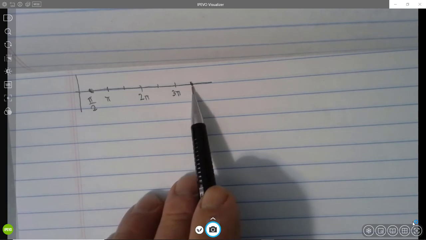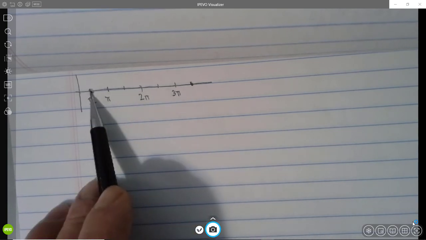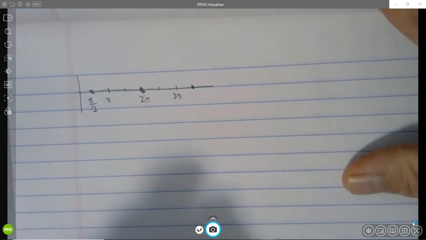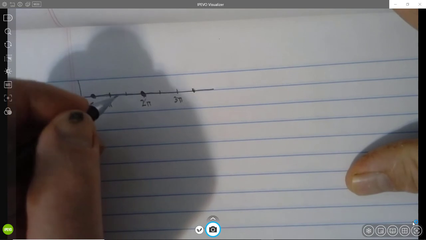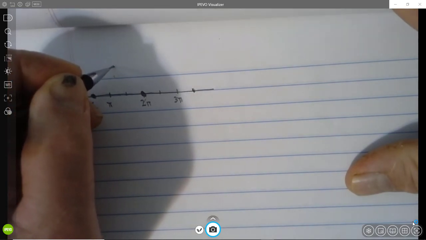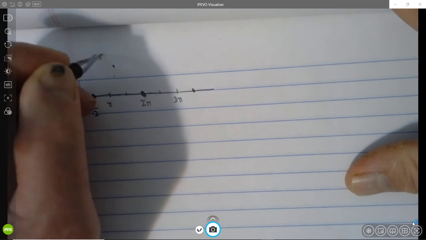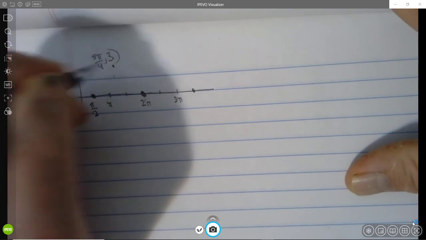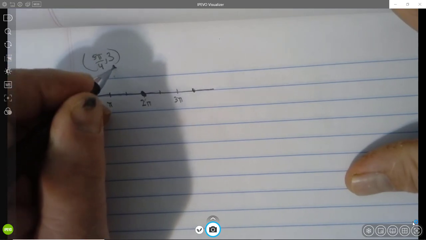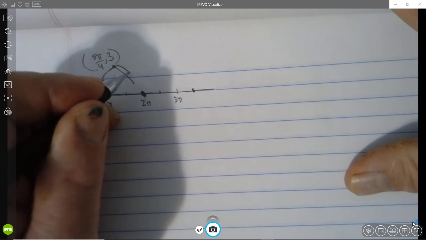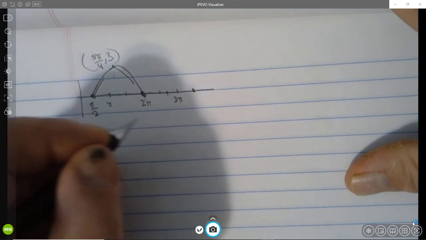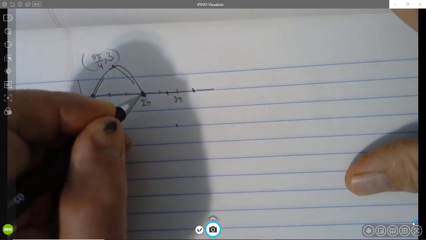Turns out 3.5 plus a half makes 4. Divide by 2 is 2. So the average, or the middle, is right at 2 pi. And then at pi plus a quarter pi, 5 pi over 4 is where this point is. Trying to make a curve here. And then this one right midway is where that minimum is.